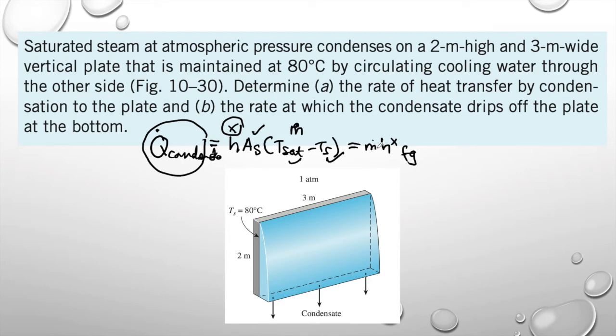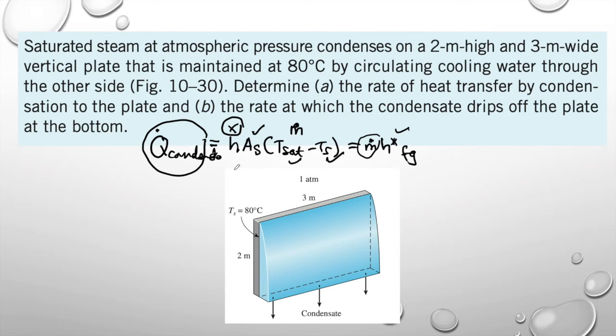What about this m dot and h star fg? Can we use this equation? No, of course not, because we cannot determine the mass flow rate. Yes, we do know the h star fg. The mass flow rate will be determined in the next question, the rate at which the condensate drips off.